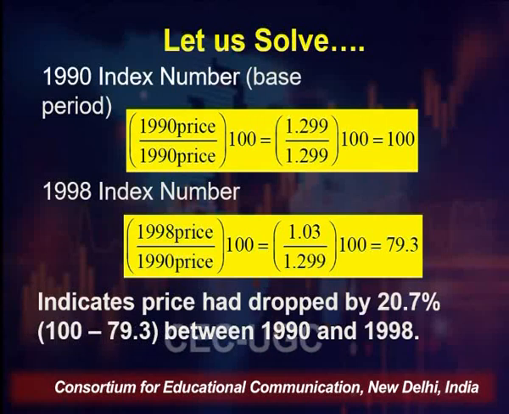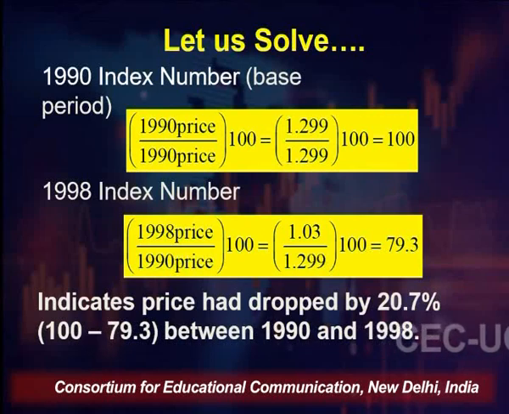So what we are getting is indicating that price had dropped by 20.7%. So from 100 to 79.3, when I am calculating the index number between 1990 and 1998, it is coming to be 79.3.